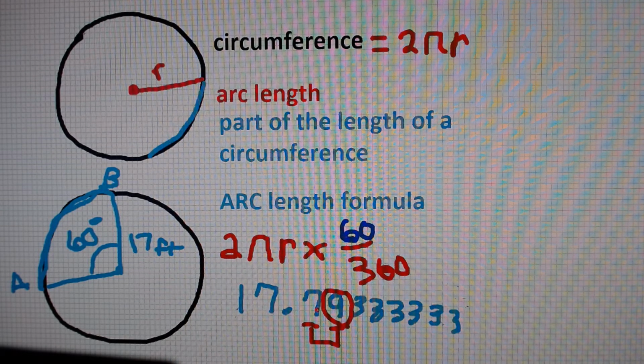So I'm going to add 1 to the 7, and so my answer, rounded to the nearest tenth, will be 17.8 feet. And 17.8 feet will be the distance from A to B, which is also known as my arc length.